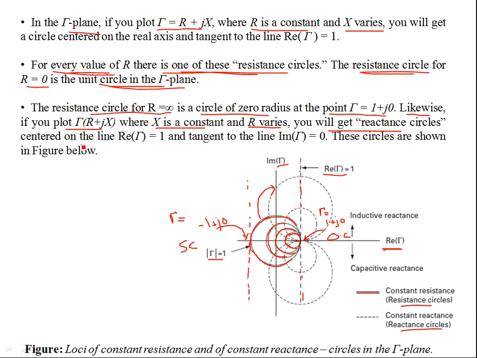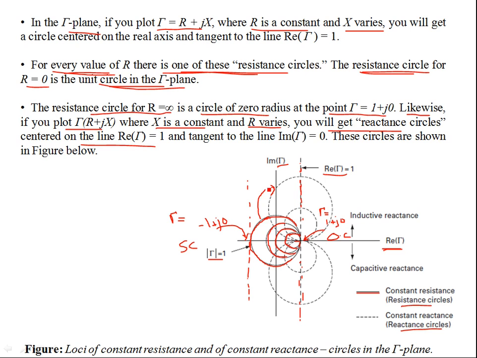They are centered on the line real gamma equal to 1 over here, you see. So instead of being centered at the real axis of gamma, you have these reactance circles that are centered at real gamma equal to 1.